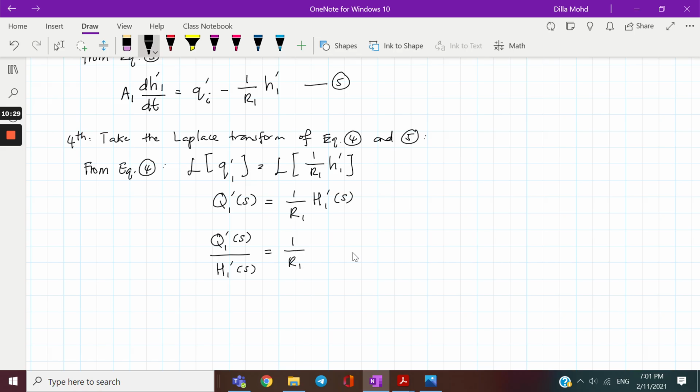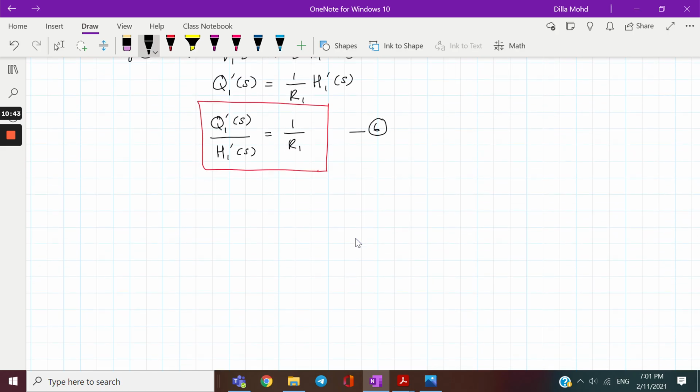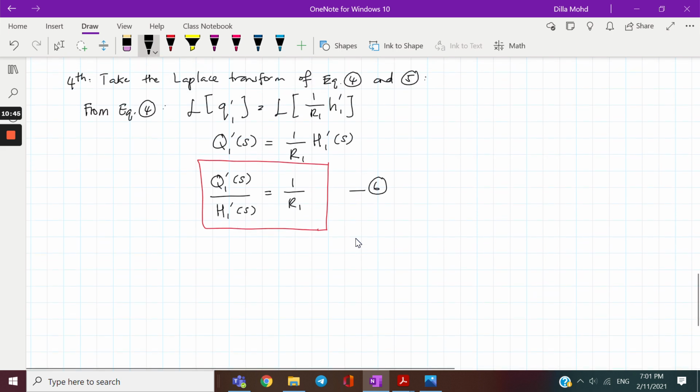So this is your first transfer function. Let's say this is equation number 6, because at the end of the day, what you want is Q2 over Qi. Okay, let's proceed with equation 5.